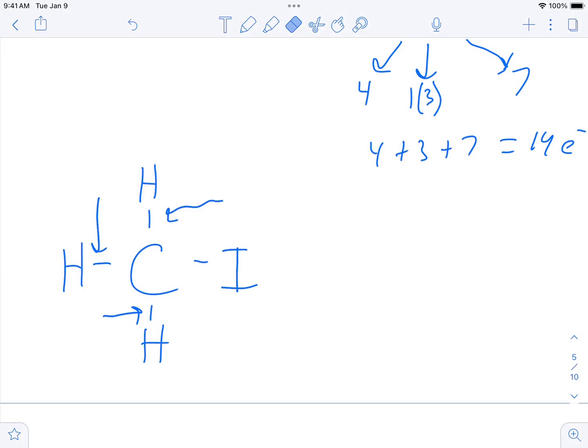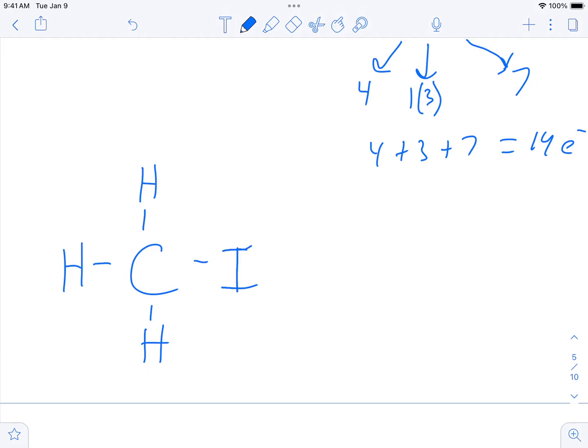And that is because it's in the 1s sublevel. And the highest number of electrons in the 1s sublevel is 2 electrons. And by hydrogen sharing 1 with carbon, notice it already has 2 there. So it cannot have any more. So you need to know the hydrogen can only have 1 bond coming from it.